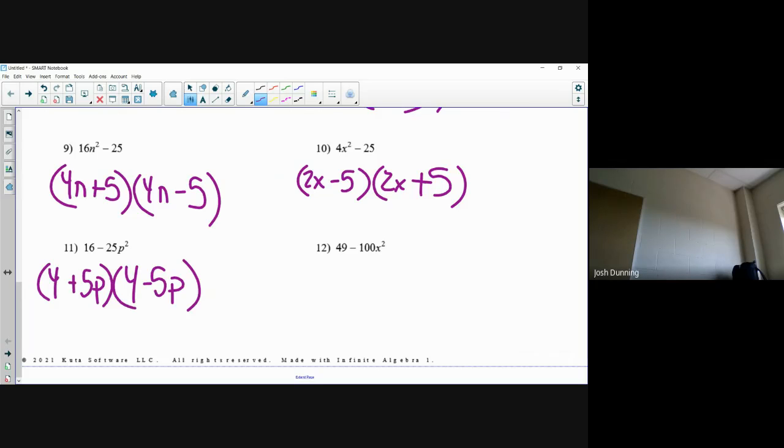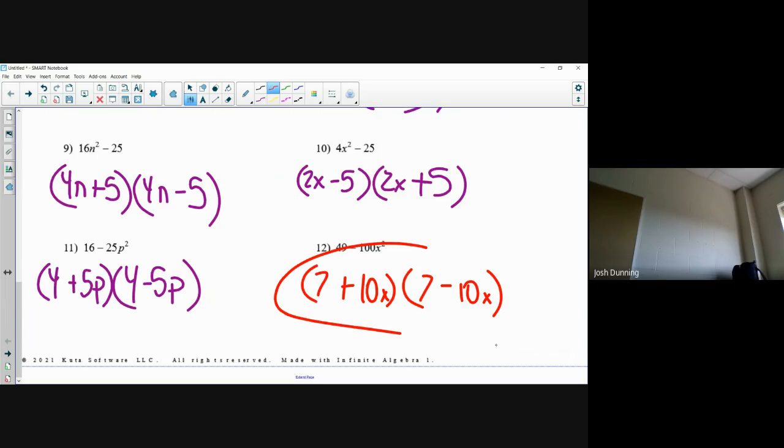Number 12. Square root of 49 is 7. Put that first. 1 gets a plus, 1 gets a minus. Square root of 100, 10 with your x. That goes second in both. Done.